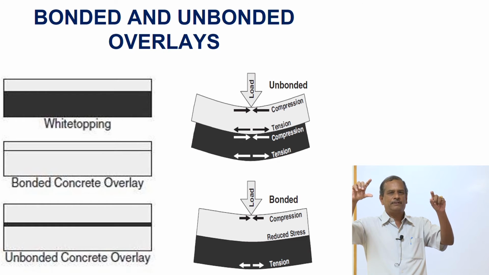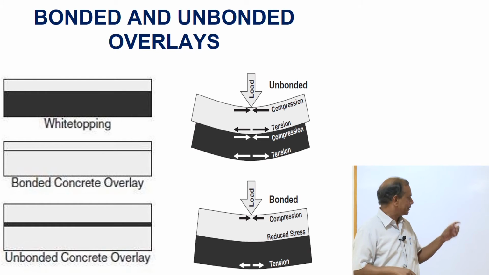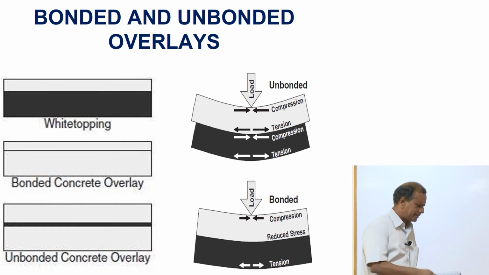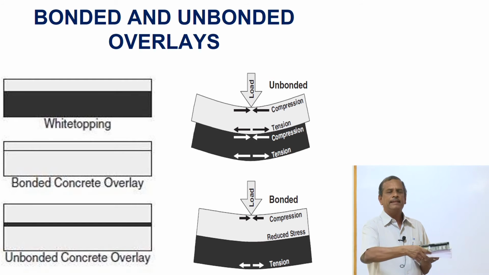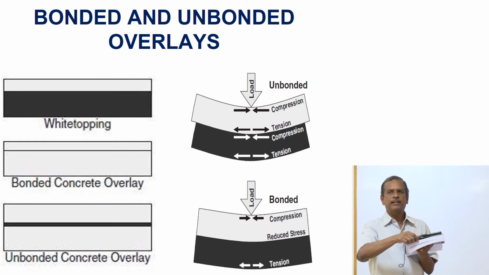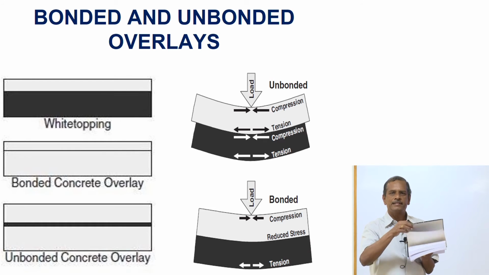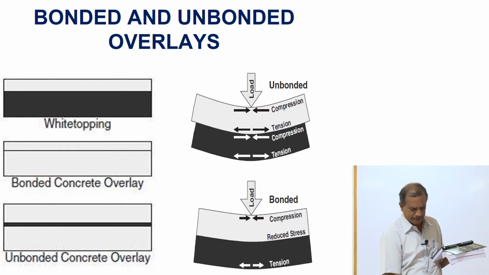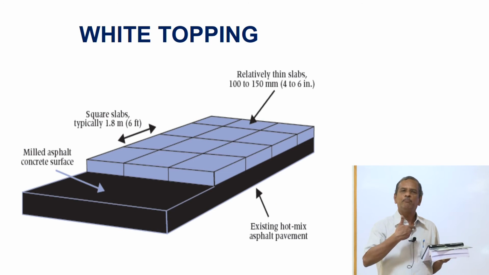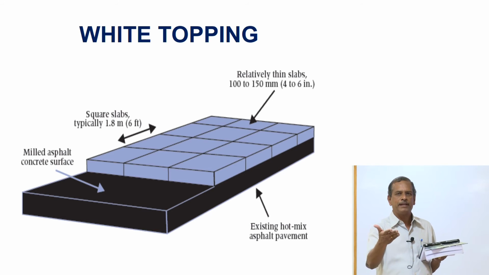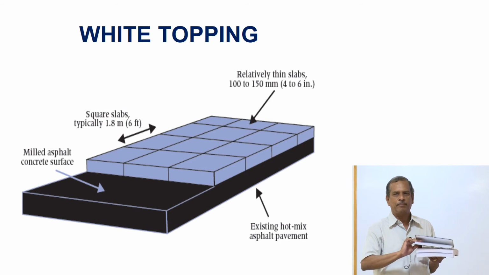If the layer above the bituminous layer is very thin, that is called ultra-thin white topping. If I provide a thin layer on the top, it's possible that the layer may crack. So I have to ensure a bond between this concrete pavement and the bituminous layer. How do you ensure the bond between these layers is the question here. So I have to mill the surface to ensure better bonding and provide a concrete pavement.